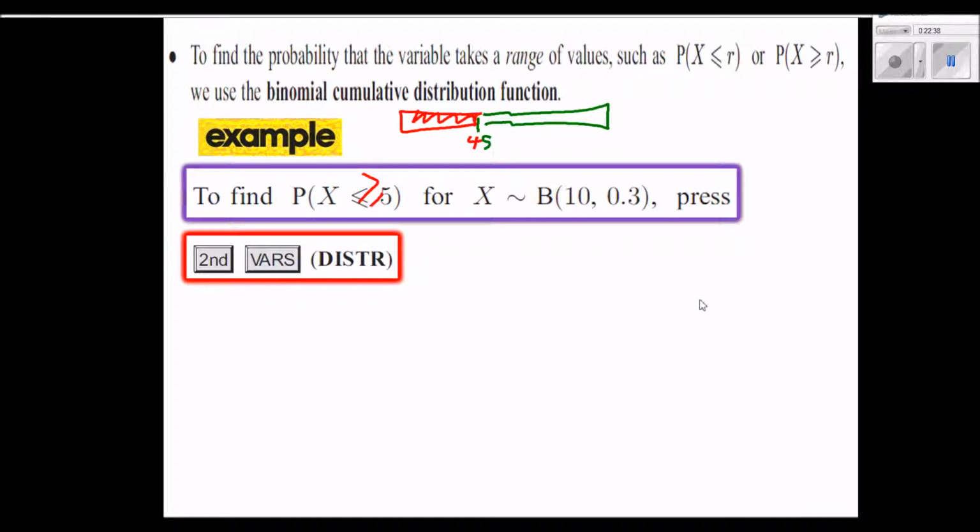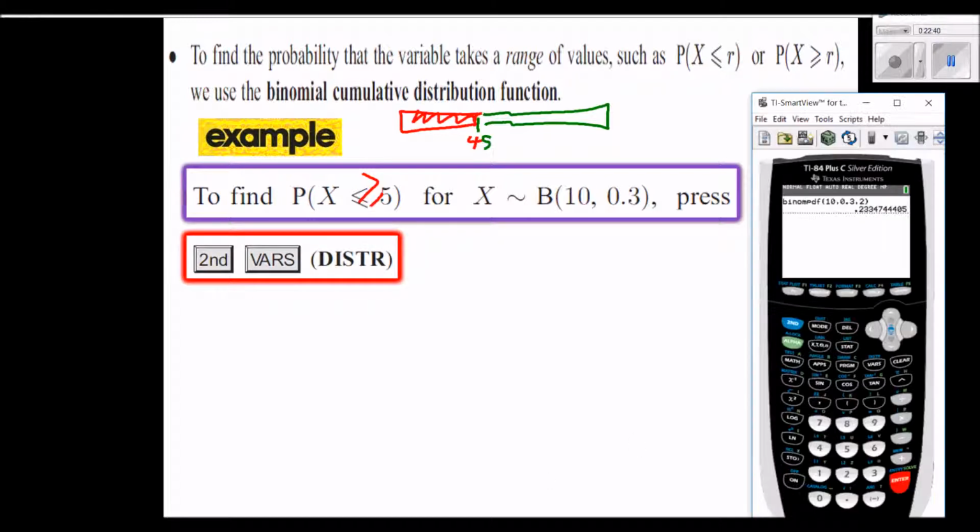Second vars, distribution, let's get the calculator out again. So let's clear that one. Notice that one was PDF, but here it's an accumulation of a number of different probabilities added together. So you've got to use second vars, then go up to here. It's binomial CDF for cumulative. It's the accumulation of a number of different probabilities, whereas this one's when you've just got x equals a certain thing.